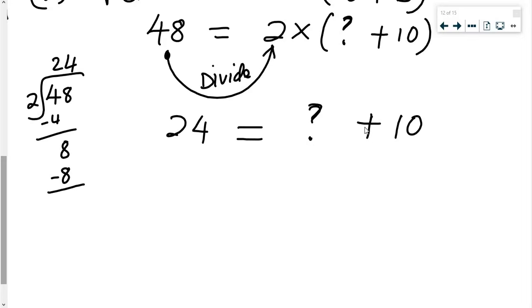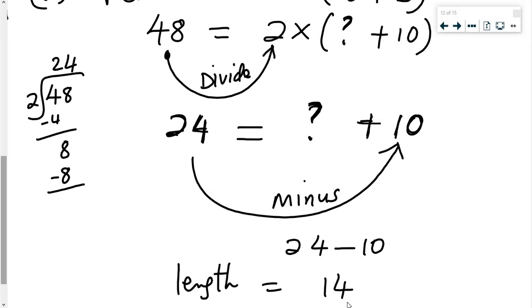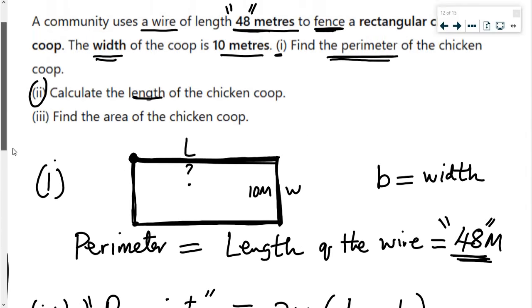Which number plus 10 gives you 24? That number is 14. How did you get 14? Simply take 24 minus 10. 24 minus 10 equals 14, and this is your length. So length equals 24 minus 10, which is 14 meter.